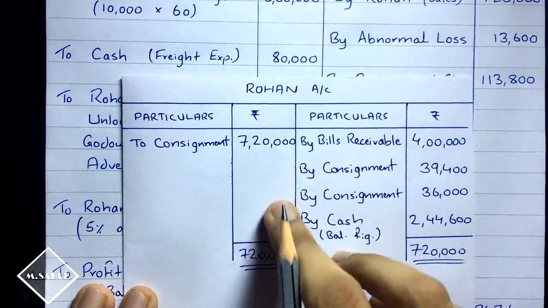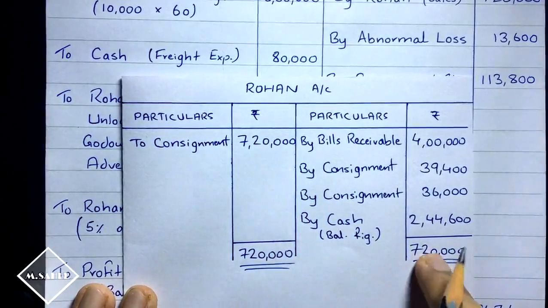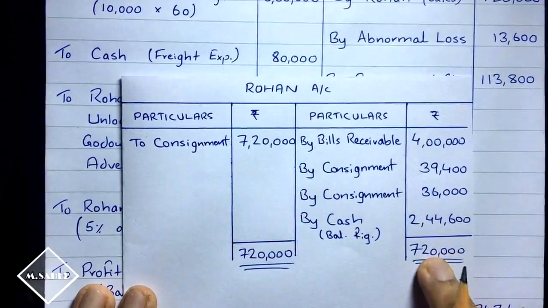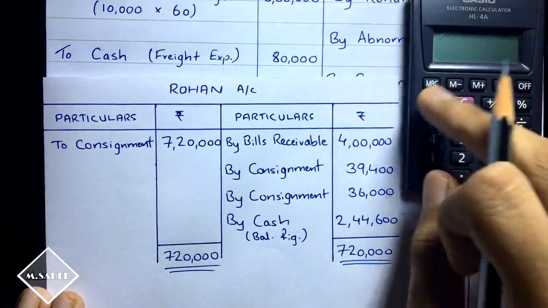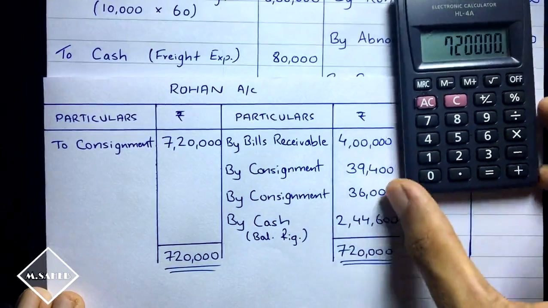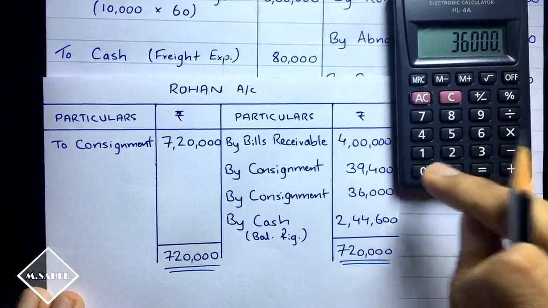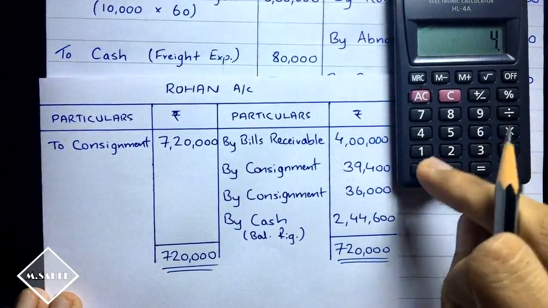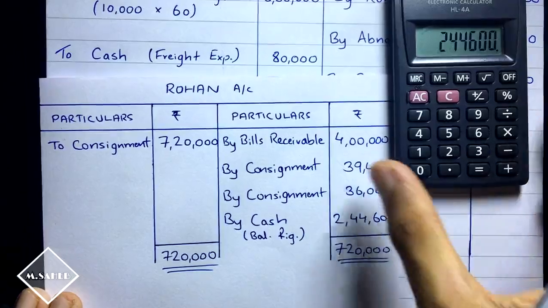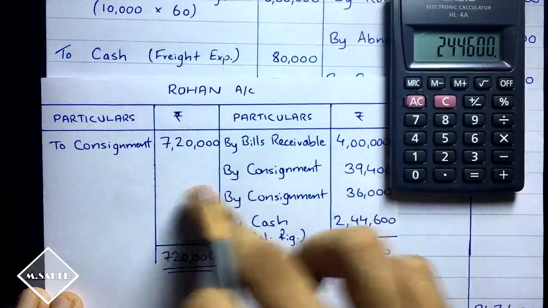See, the debit side is bigger, 7,20,000, so you have to take 7,20,000 on both sides, and then go on subtracting: 7,20,000 minus 39,400 minus 36,000, then minus 4 lakh, I forgot the 4 lakh. Then you will get the balancing figure, 2,44,600, the difference amount.